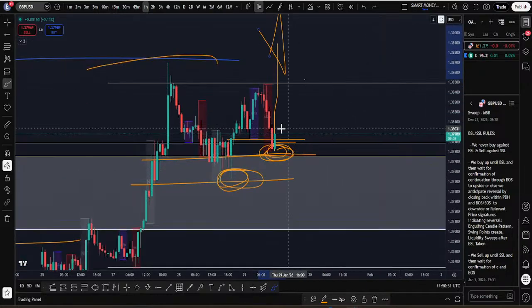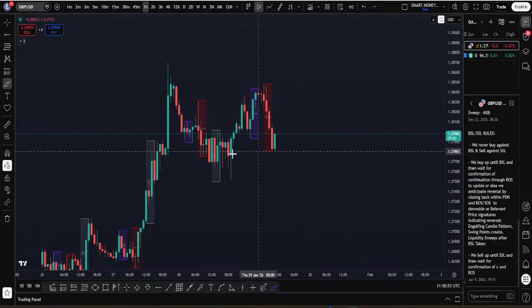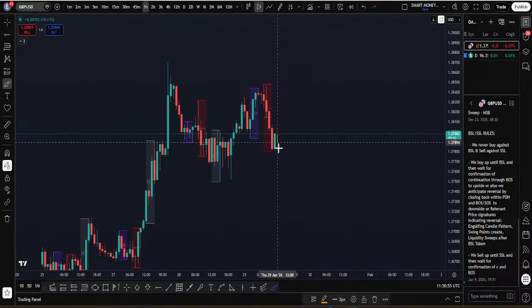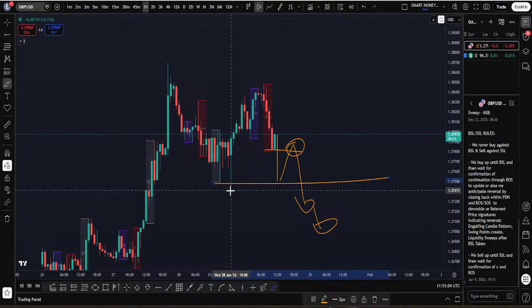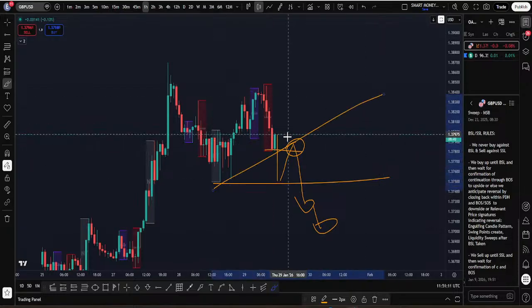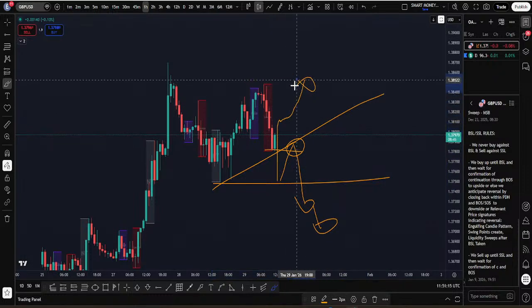Now, someone might argue, well, you've got to do what you see. If price breaks through and potentially gives us a retest on this area, maybe I will. Maybe there is something to work with at this level here. But ideally, I'd want to see the bullish bias maintain itself, and for price to go higher from there.